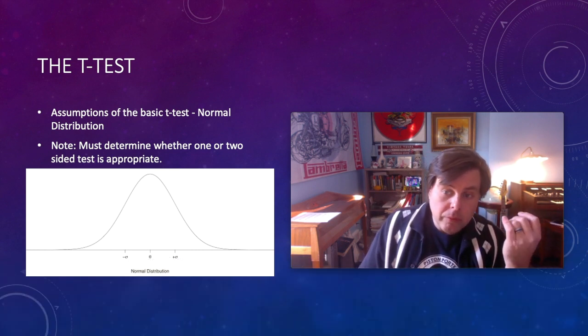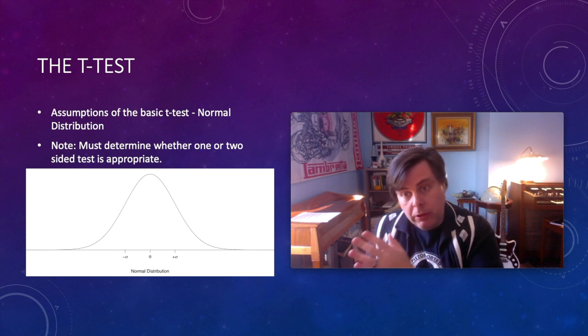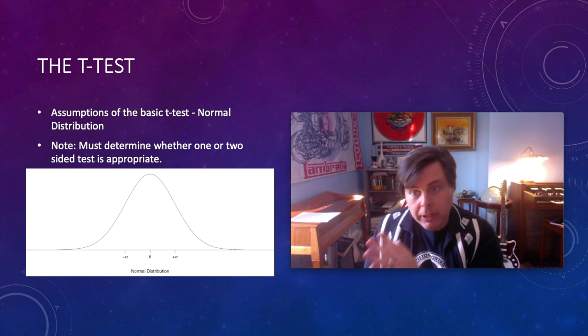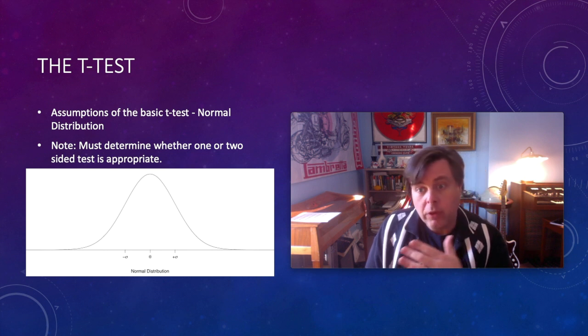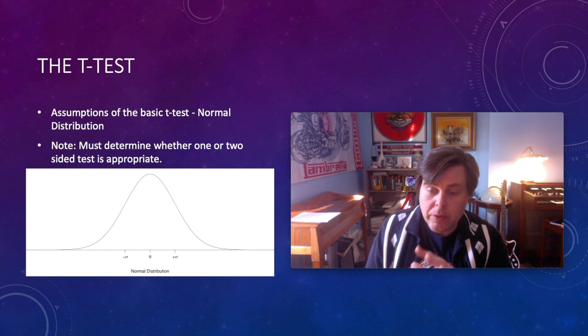And based upon what we said about null and alternative hypotheses, the nature of those, we need to determine whether the appropriate t-test is a one-sided or a two-sided test, okay? And again, the appropriateness of one-sided versus two-sided tests comes from the construction of the null and alternative hypotheses, okay?